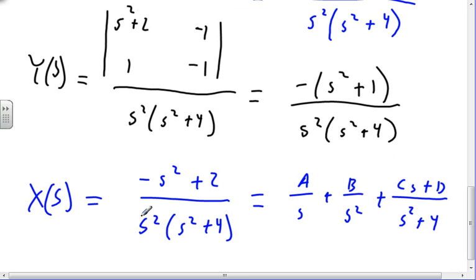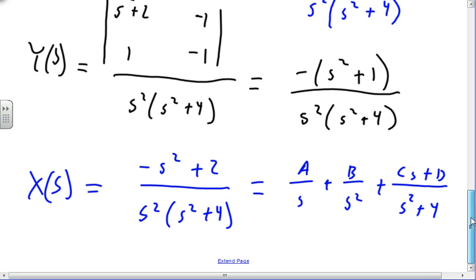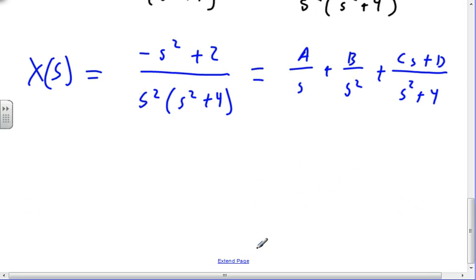When we do the partial fraction, I have a repeating factor there. I take s, and then I take s squared, and I don't increase the denominator any.